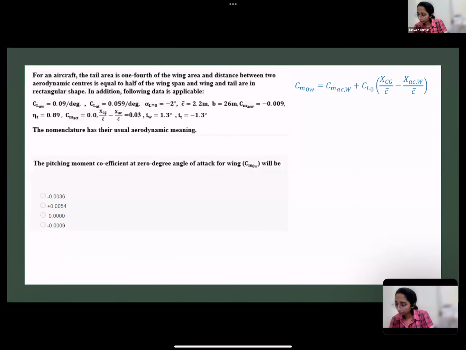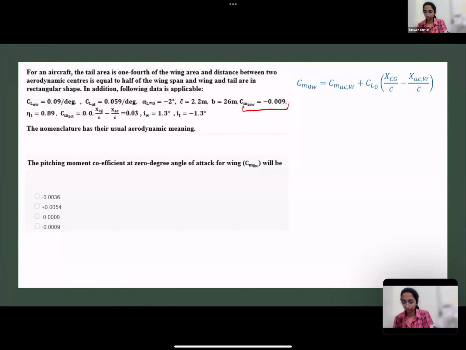Now CMAC of the wing. Here, it's negative. So is it a symmetric airfoil or cambered airfoil? The wing, is it symmetric or cambered? Cambered. Okay. And tail, what about the tail? Tail is symmetric or cambered? Symmetric. Now try and solve this, then we'll solve it together.